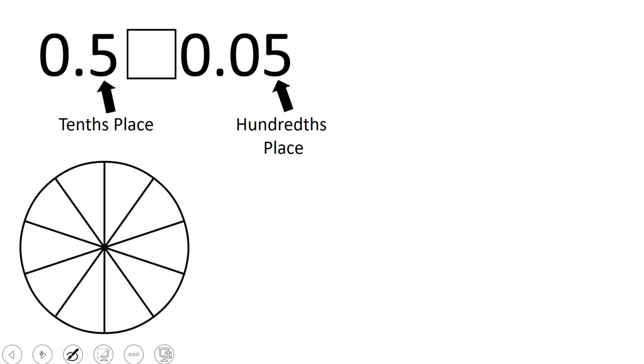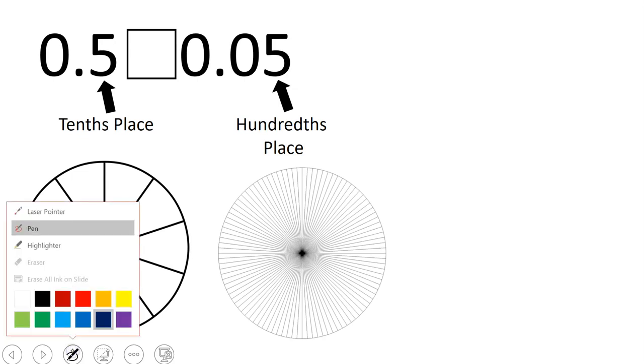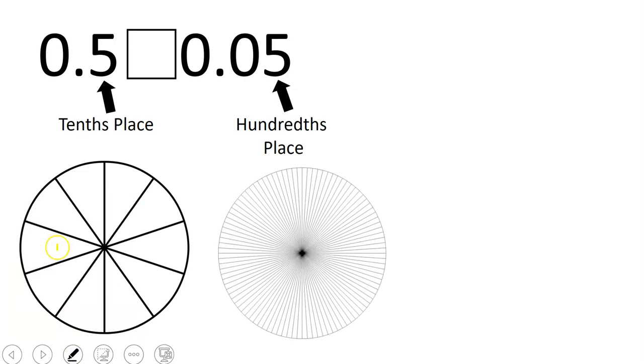Next example. Now we're not comparing the same size pieces. We are comparing 5/10ths to 5/100ths. So divide a pie into 10 pieces and divide a pie into 100 pieces. And then let's do a quick comparison using a highlighter. So I'm going to highlight 1, 2, 3, 4, 5 pieces. Okay, so that's half. Half of this circle is 5/10ths.